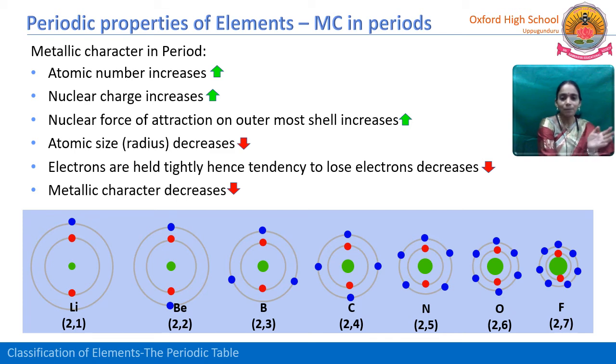Whereas on the left side, all these are metals. Electrons are tightly held because of the greater nuclear force of attraction on the outermost shell. In fluorine, when we compare with lithium, it is not so easy to remove the electrons because of the greater nuclear force of attraction. That is, metallic character decreases in a period from left to right.